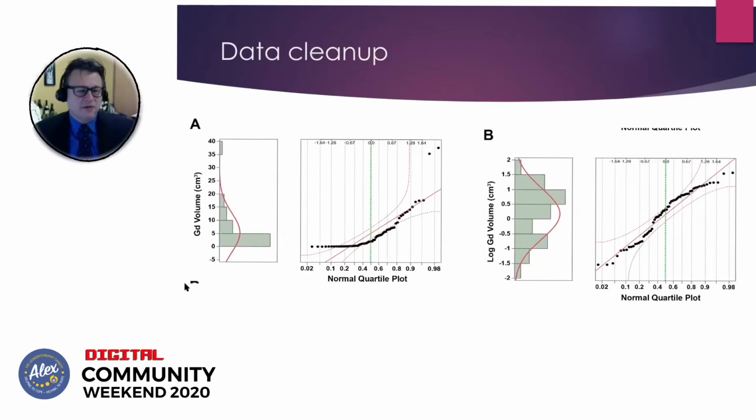So what I did was just mathematically transform the data by taking the logarithm of the GAD volume, and now you can see we get a much more normalized distribution, and all of our dots fall on a straight line. And so I did this for every volume that was measured. I transformed it by taking the logarithm. And so all the data was treated the same.